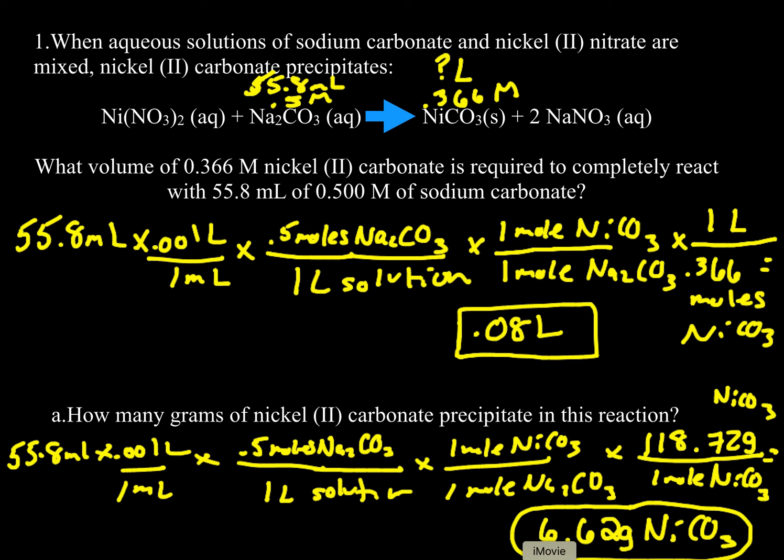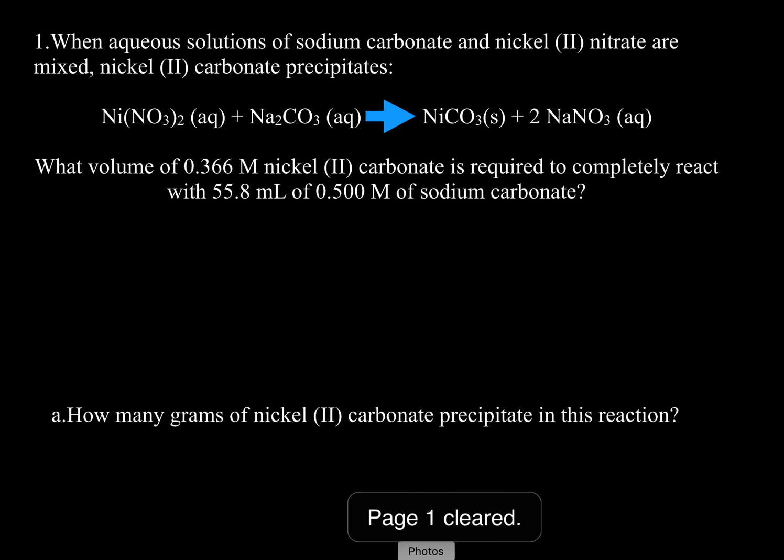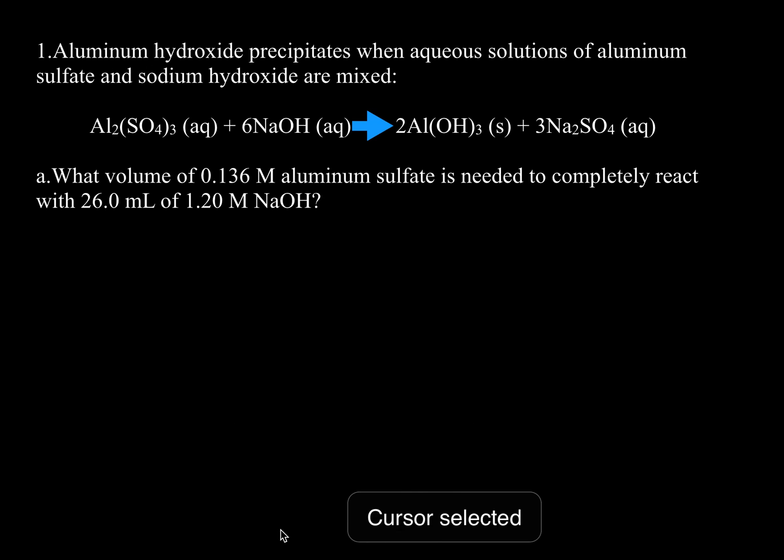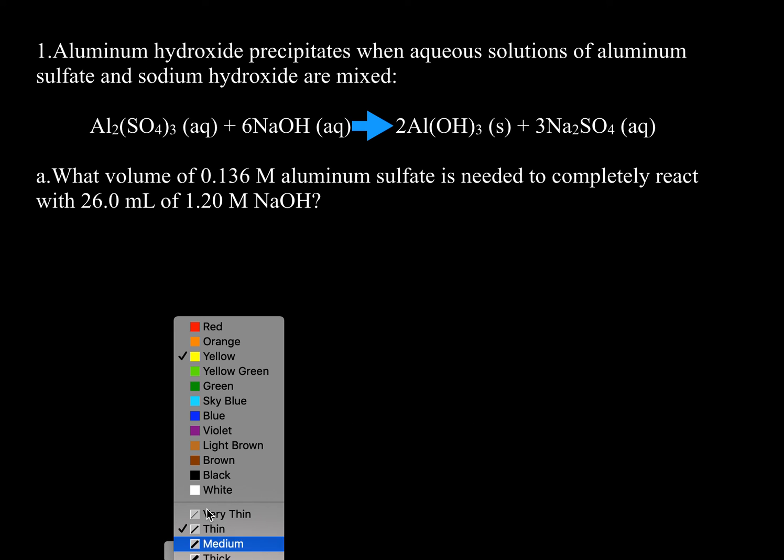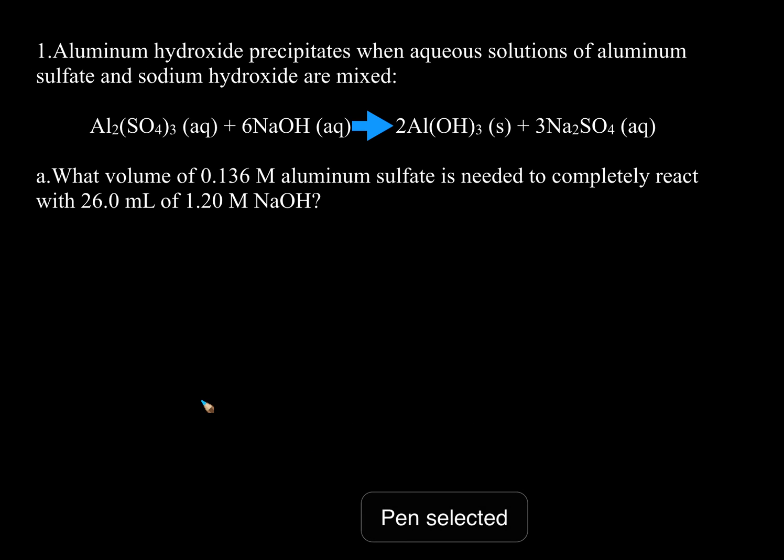And the last example here, it says aluminum hydroxide precipitates when aqueous solutions of aluminum sulfate and sodium hydroxide are mixed.